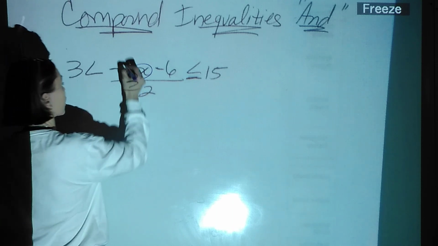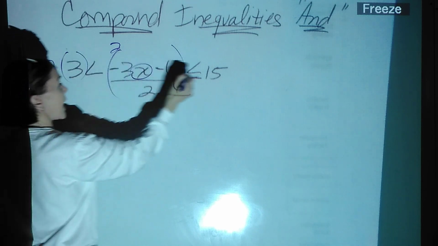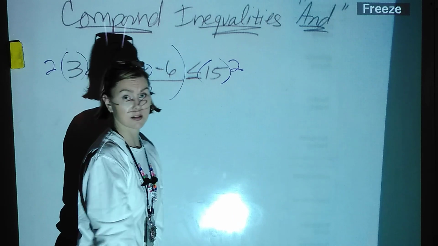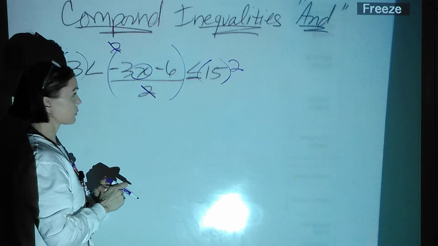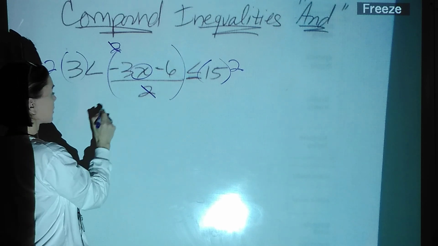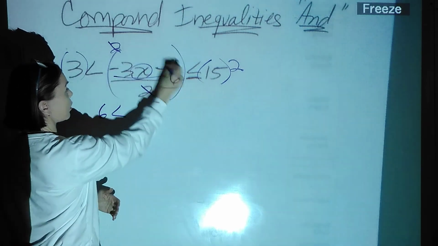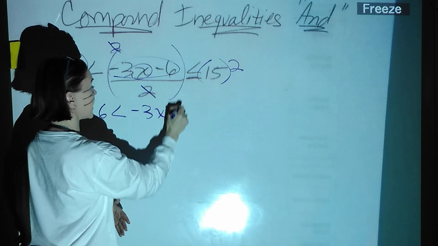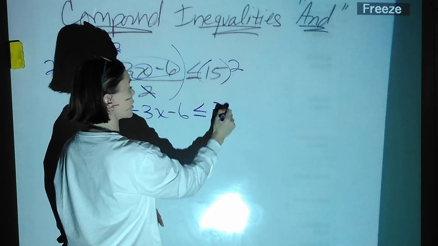But here's the difference: you're going to multiply by 2, multiply by 2, and multiply by 2 on all 3 sides. The 2's cancel. So 2 times 3 is 6. Bring down your inequality symbol. Bring down what we have in the numerator, so -3x minus 6. Bring down your inequality symbol, and 15 times 2 is 30.